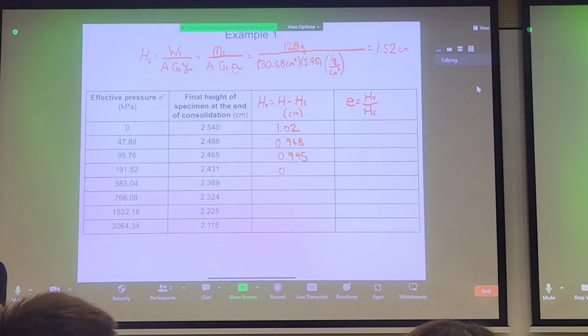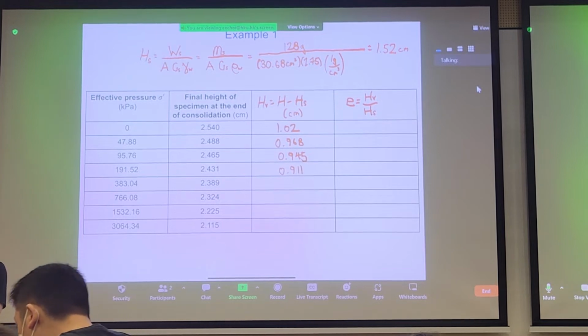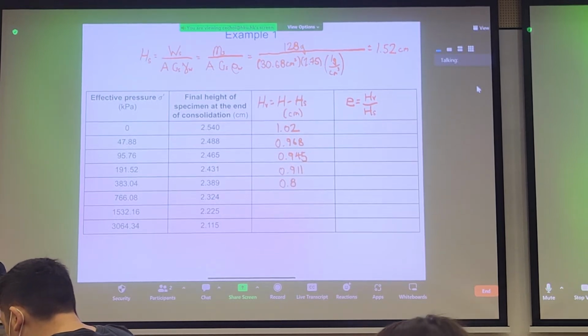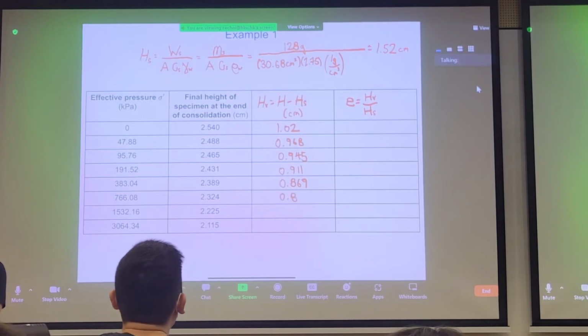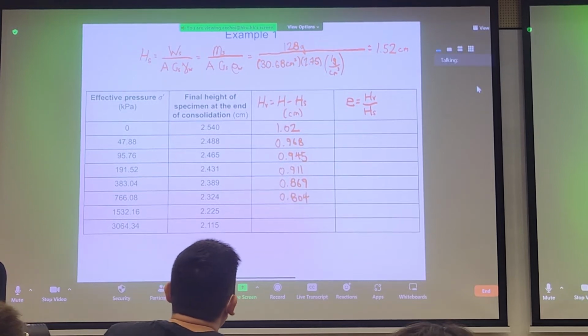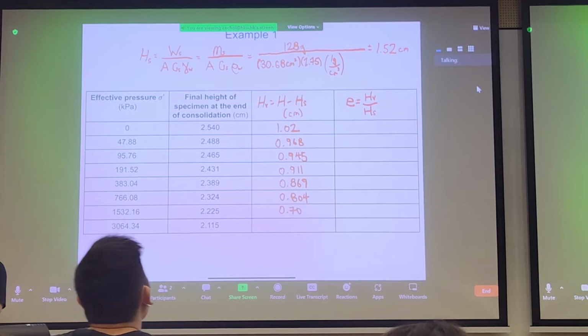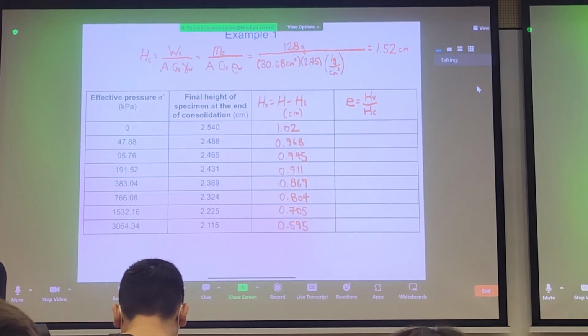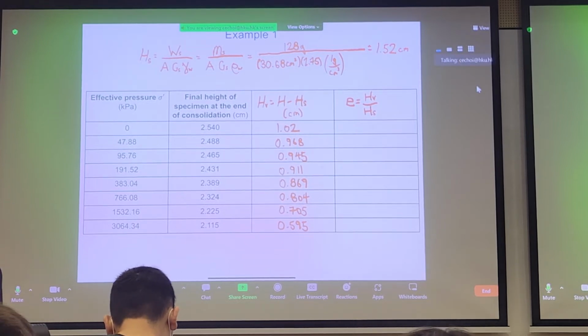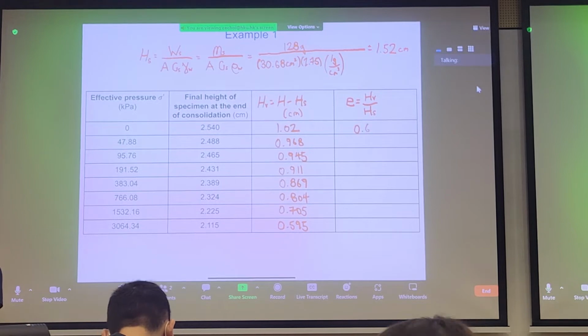then we can get the change in our specimen height. And of course we can calculate our void ratio as well. And as expected, the void ratio should be decreasing as we compress the soil specimen.